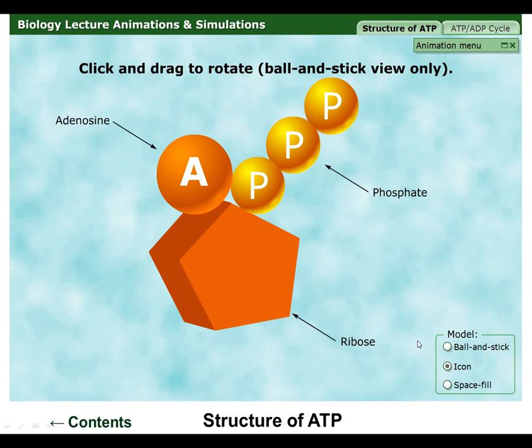What physical properties does the phosphate have? It does release a lot of energy when the bond, not shown here, between the phosphates is broken, because what kind of energy, well, we know there's potential energy in there, but what about the phosphates makes it so reactive? Yes, reactive is another way to say it. Good.